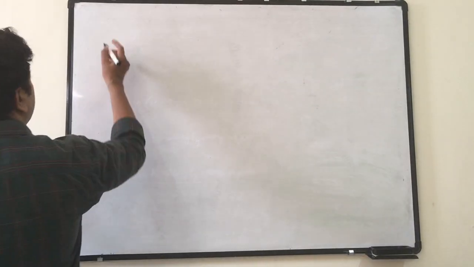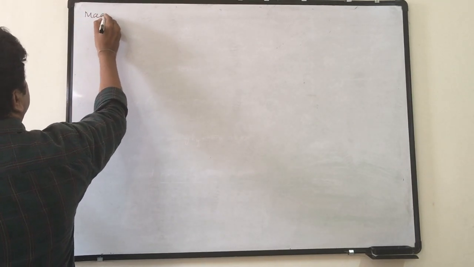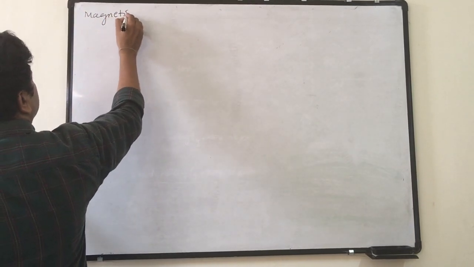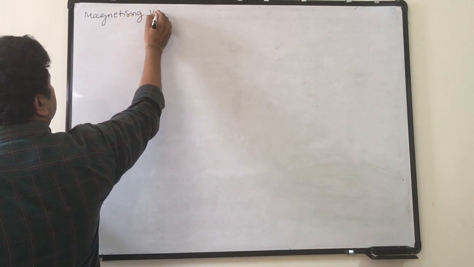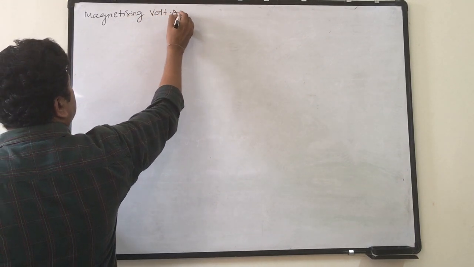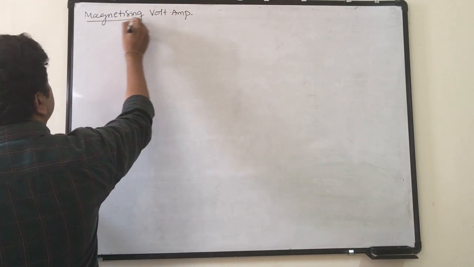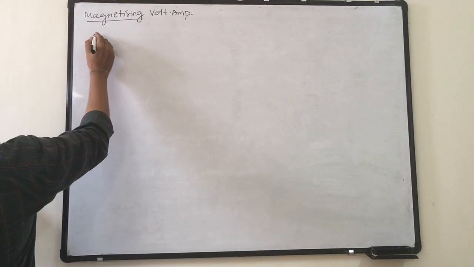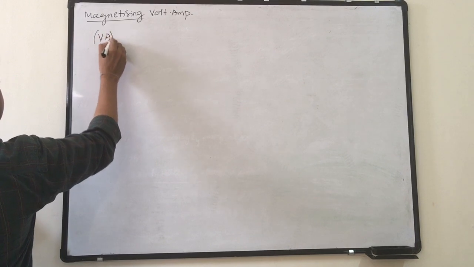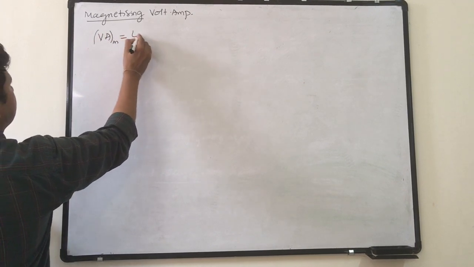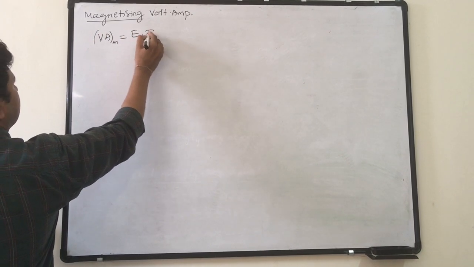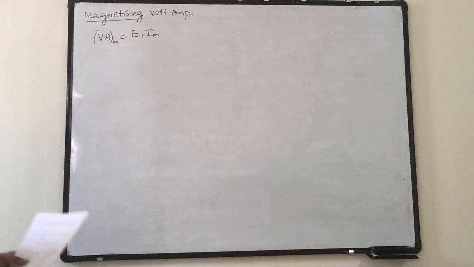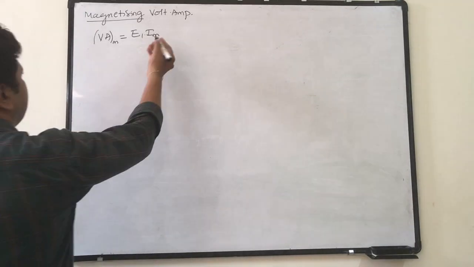So what are magnetizing volt amperes? We will see. VA magnetizing is equal to primary voltage E1 times magnetizing current Im. V1 or E1 both are same.